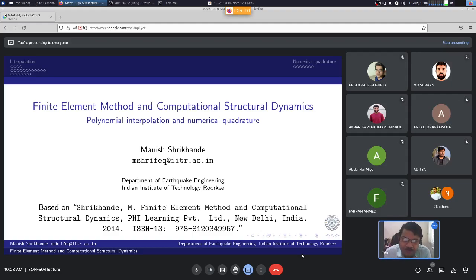So today we will start with the second part of this introductory exposition, the numerical quadrature. We have discussed polynomial interpolation, and we will come back to these concepts of interpolation when we start with our finite element approximation construction, and then we will use these concepts.